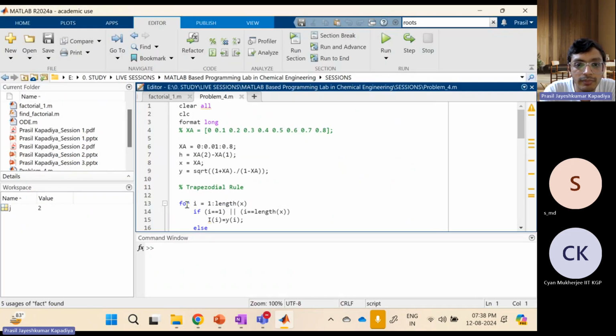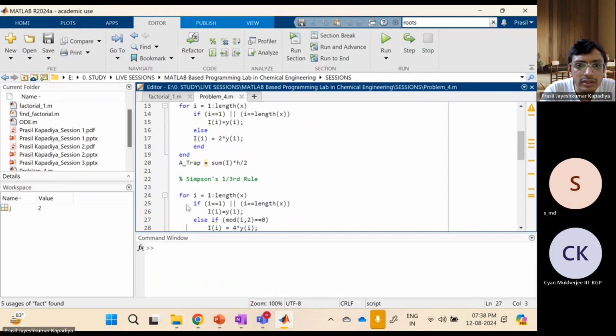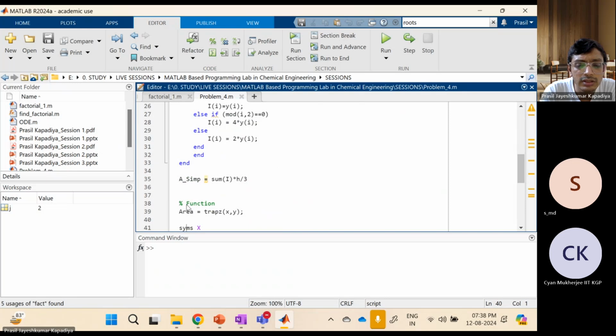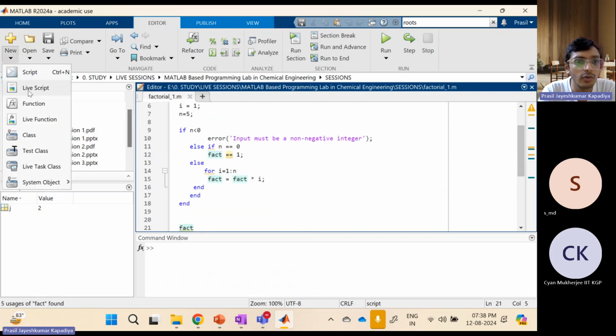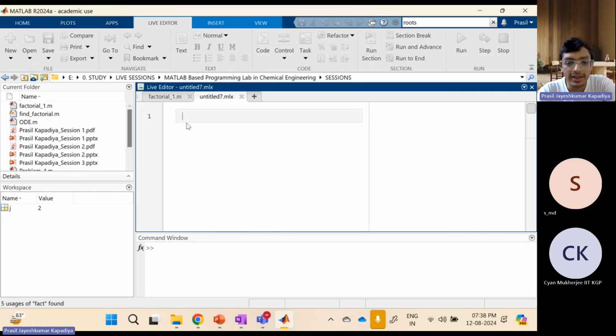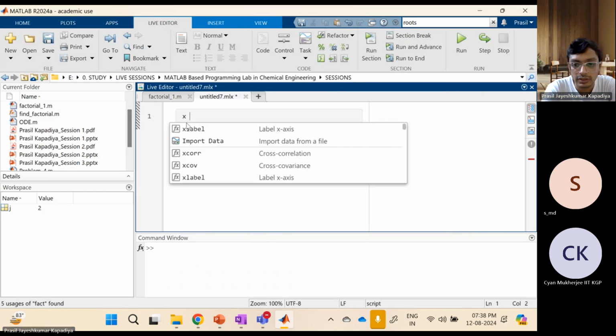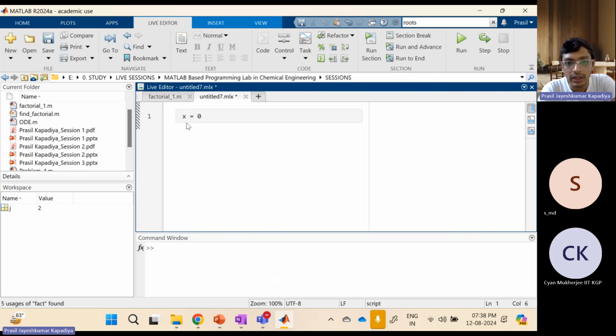Let me take some nested if. Let's try to write it down on our own. Let's say x is equal to 0.